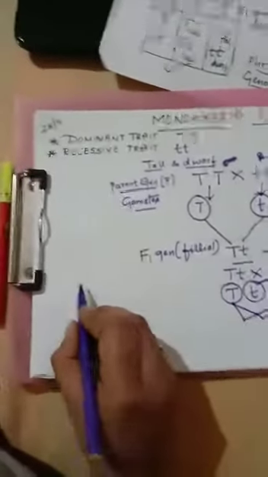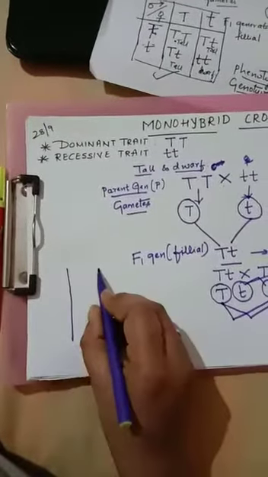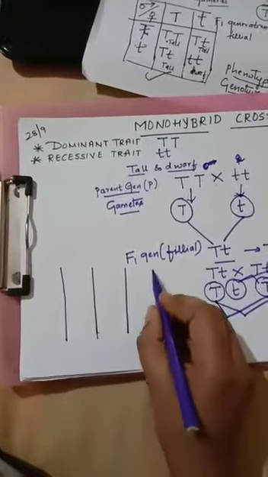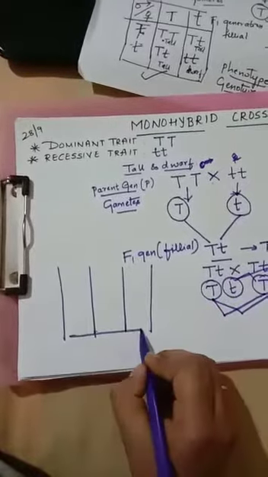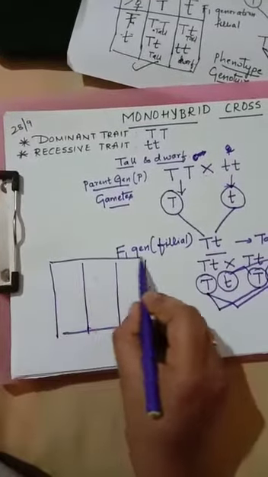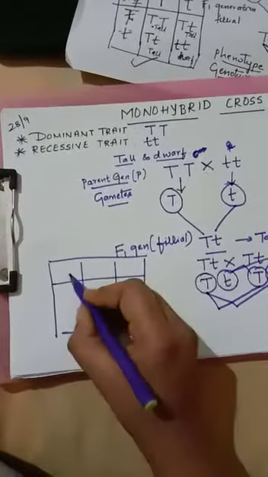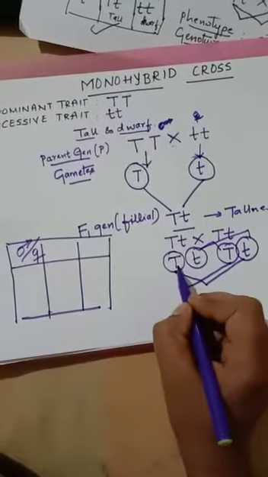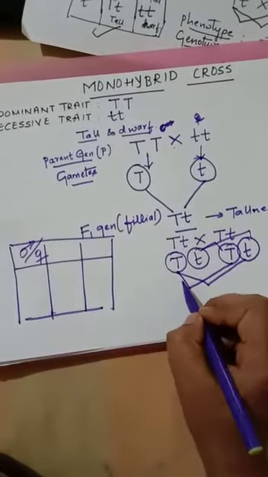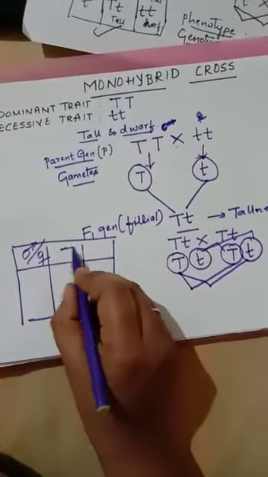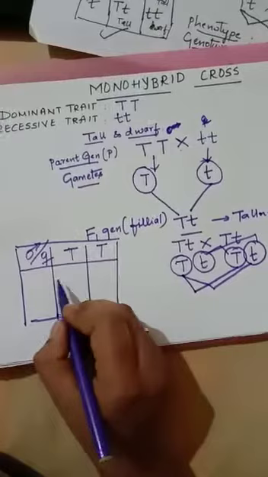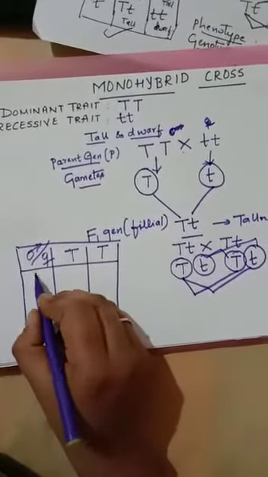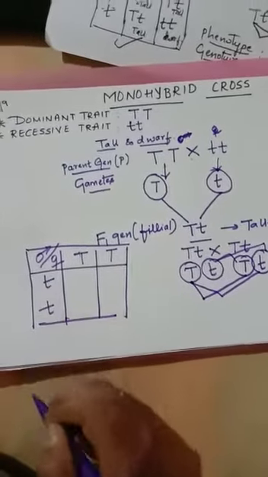For this we need to have a checkerboard. We also call it a Punnett square. So don't forget to write this. Here I'll write both male as well as female. First we shall write like this, and the recessive characters here.